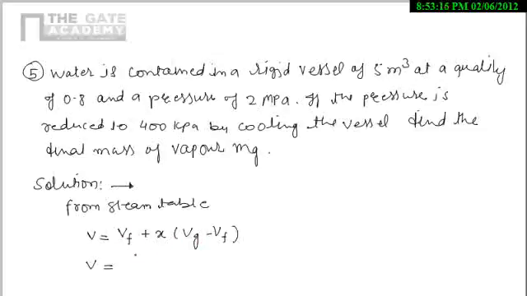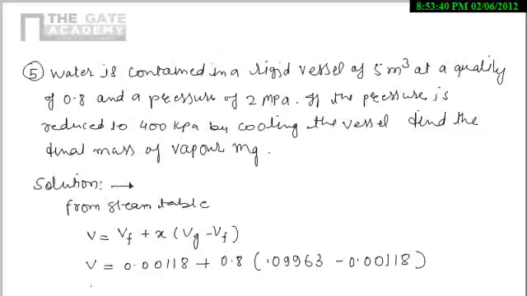So now from the steam table, Vf is 0.00118 plus X, we know the quality 0.8 is given in the problem, into Vg which is 0.09963 minus 0.00118. These are the properties at 2 megapascal.